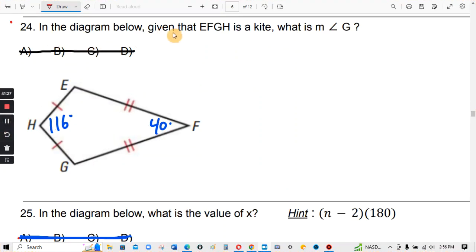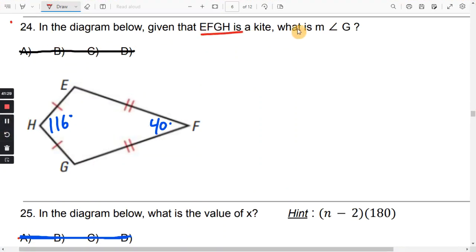In the diagram below, given that EFGH is a kite, what is the measure of angle G? All right, so remember, one pair of angles are congruent for a kite, and it is the angles in between the sides that are not congruent. See, these are not congruent, so this angle is going to match that angle.